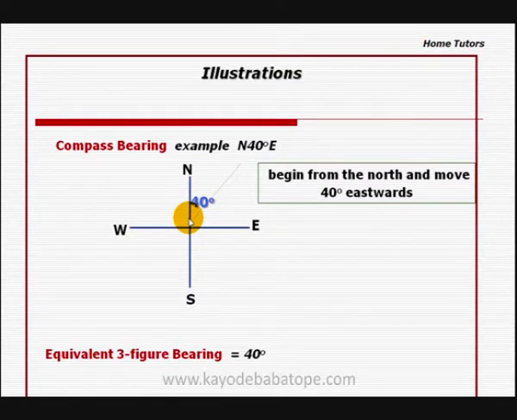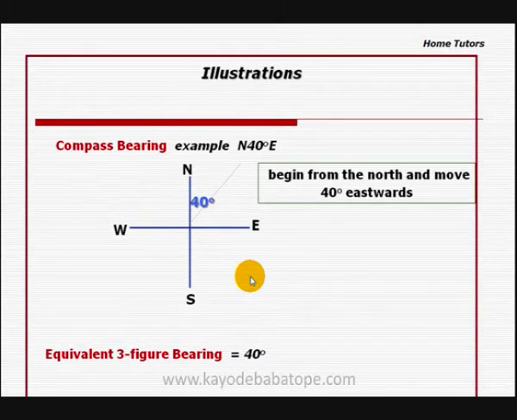And the equivalent three-figure bearing is 040 degrees. I just omitted the 0, but appropriately it should be written as 040 degrees because it's a three-figure bearing. So the equivalent three-figure bearing for this compass bearing is 040 degrees, where the value of 40 is always with reference to the north.